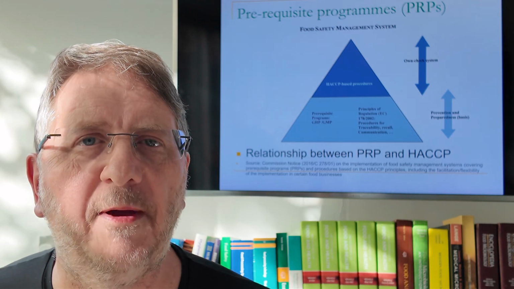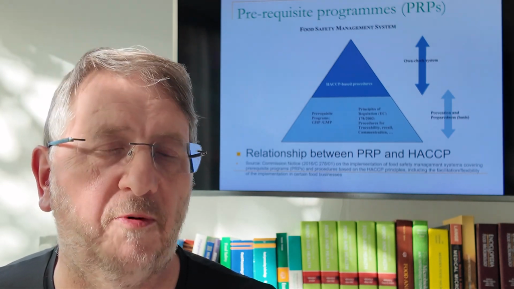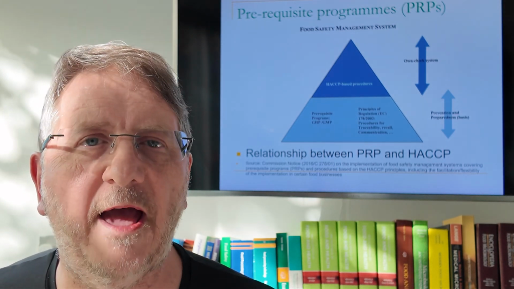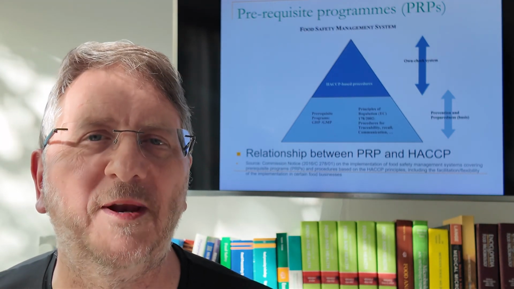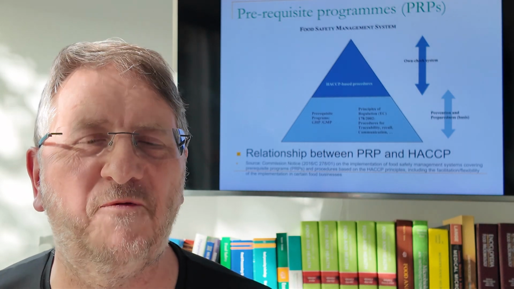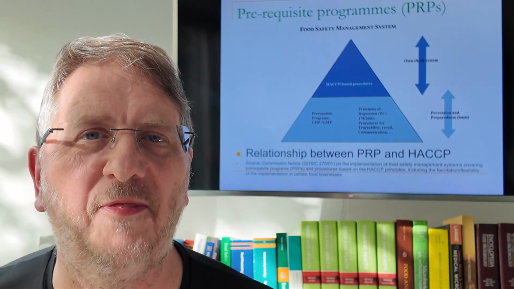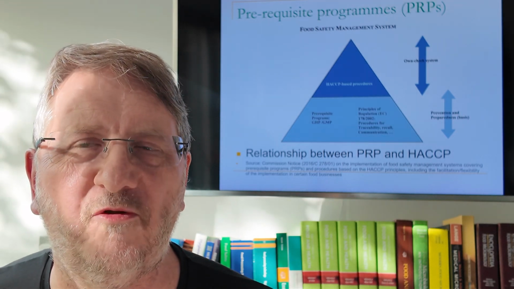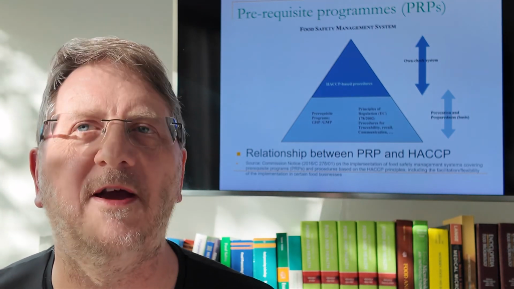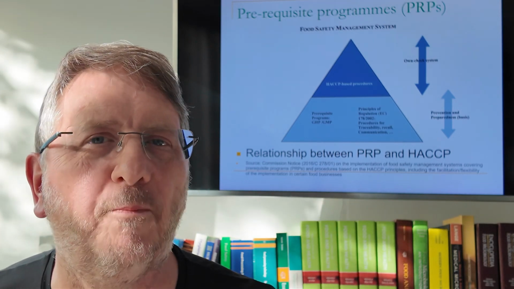An initial step in HACCP production, or producing a HACCP system, is having regard to the prerequisite programs, PRPs. Prerequisite programs are normally set out in law, so you could use food hygiene law as a requirement. Things like pest control and temperature control, basic training of staff, things like water quality. These are all prerequisite.